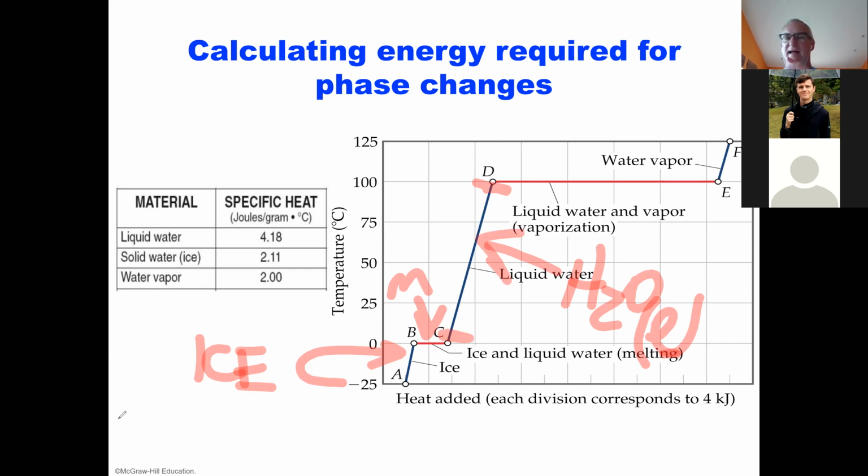For that, how would we calculate the change in heat of just the liquid water? Here we're looking at heat being added on the x-axis and temperature change on the y-axis. How would we calculate the amount of heat required to change that temperature when we have liquid water?